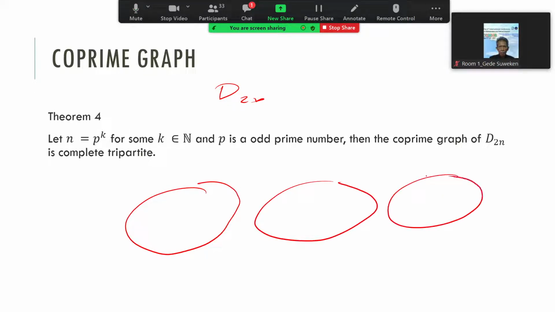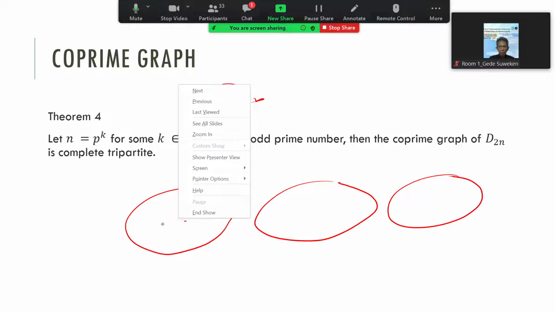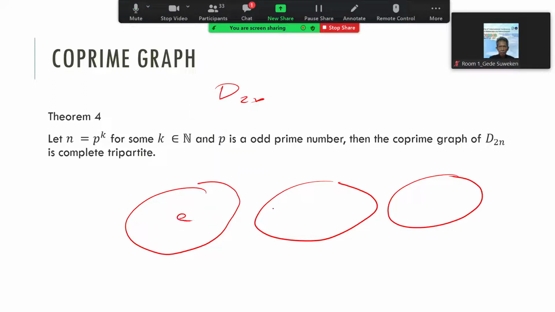three partitions of the vertices. The first partition only contains E, the identity, and the second partition only contains the reflection elements with order 2. The last one only contains elements with order p or p to the power of something.